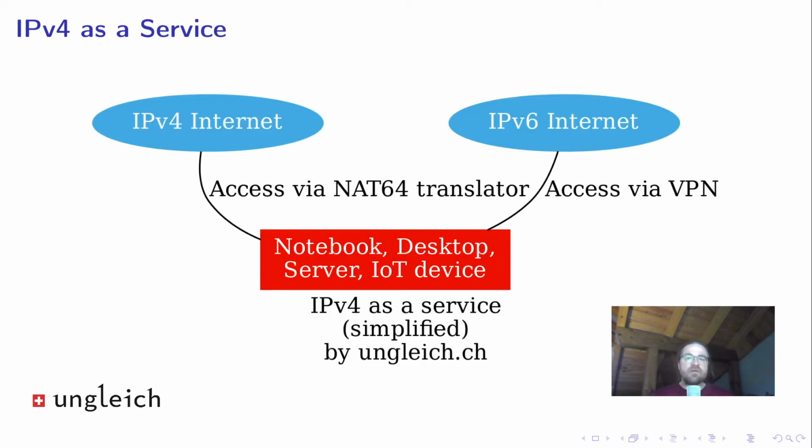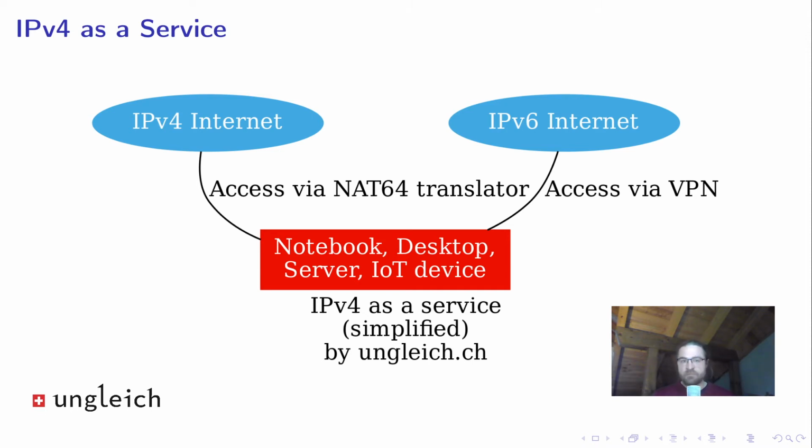In a very, very simplified version, here in the middle you have your notebook, your desktop, your server, your IoT device, whatnot. And this can access the IPv4 internet via a so-called NAT64 translator.